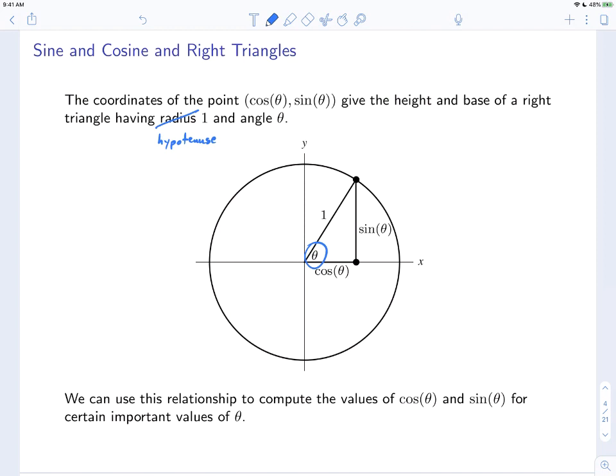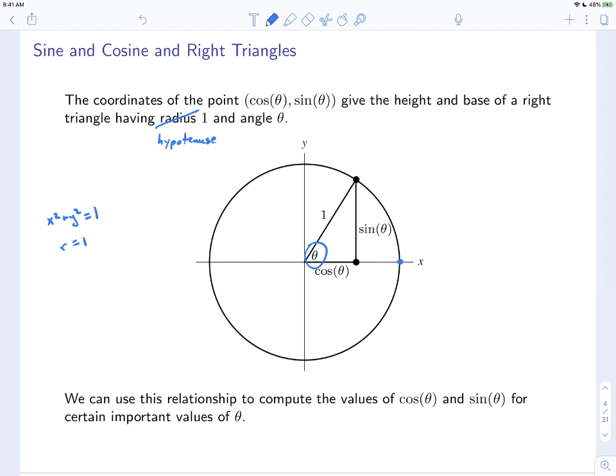For example, where the circle intersects the positive x-axis, since the equation of the circle is x squared plus y squared equals 1, we know that the radius in particular is r equals 1. So that means that this length is 1.